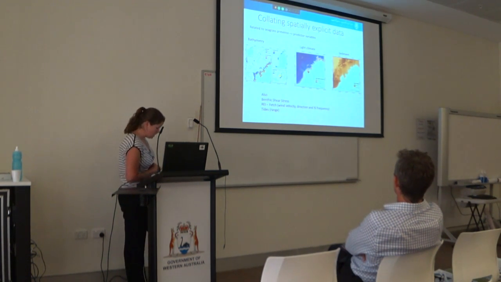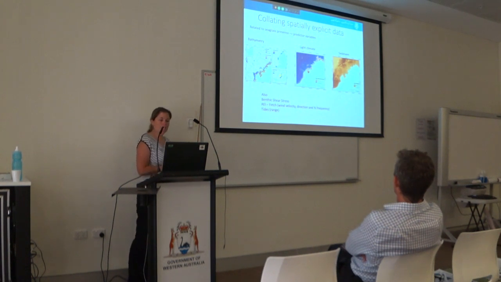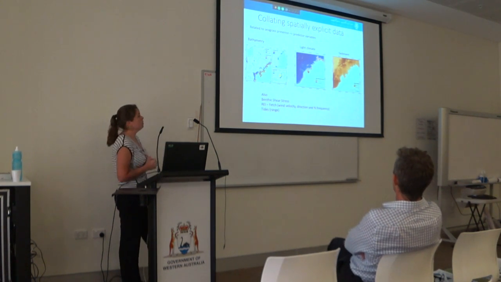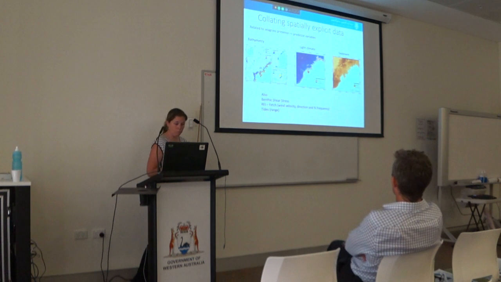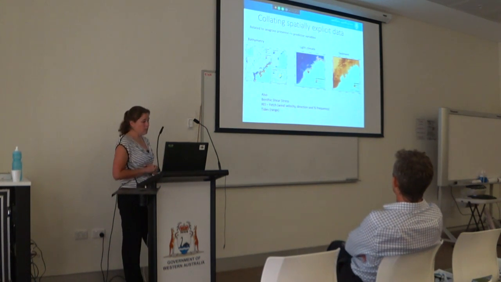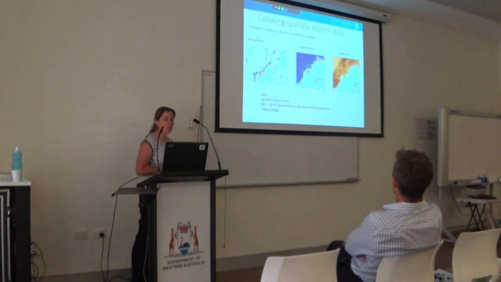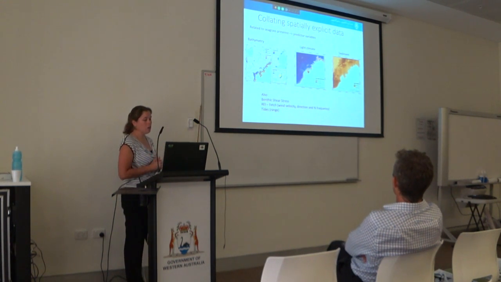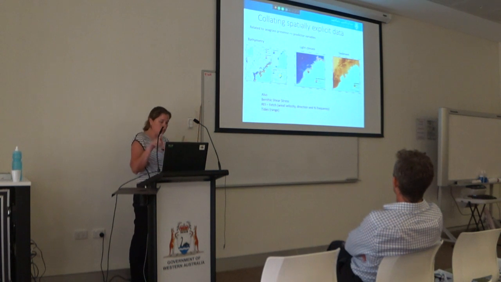So what I've been doing is collating any spatially explicit data that exists, and these then become key variables in those models. So bathymetry is of course a really big one. It's important. Light climate, that little picture there is going to be hopefully replaced by what Peter's been talking about.